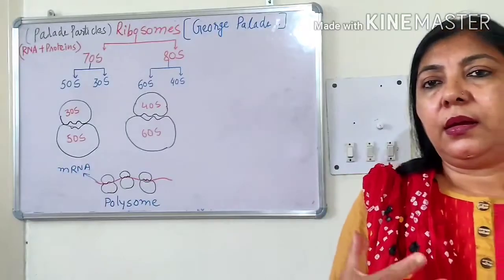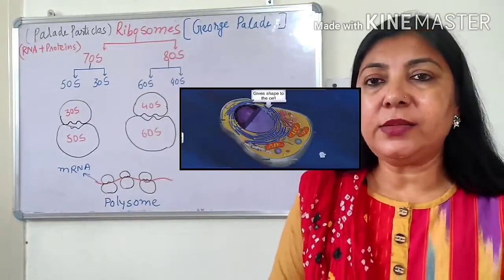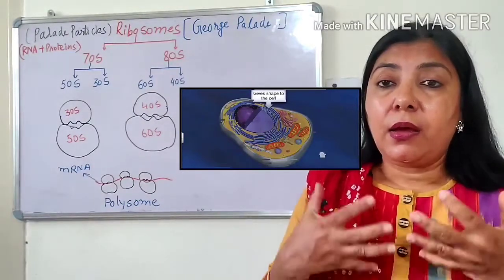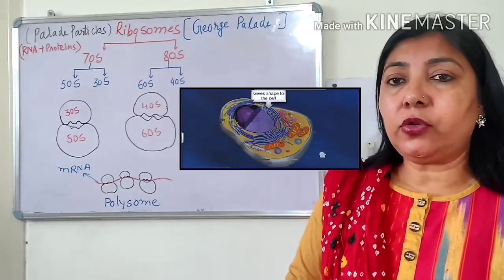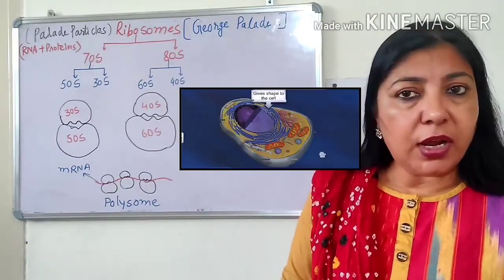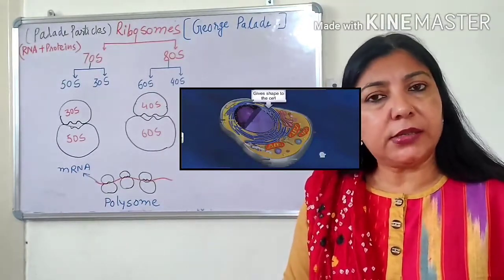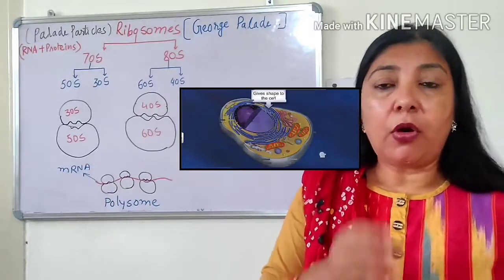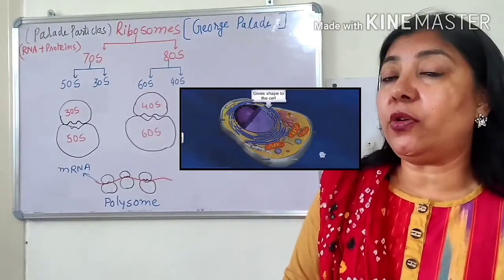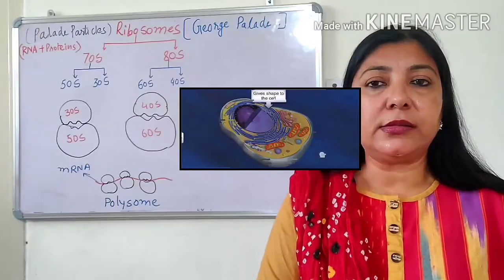Next is ribosomes. Ribosomes are commonly called as Palade particles because George Palade observed under the electron microscope certain particles which are without any membrane, and they are dispersed at various places in the cytoplasm, on endoplasmic reticulum, as well as inside the mitochondria and plastids, and he called them as Palade particles.